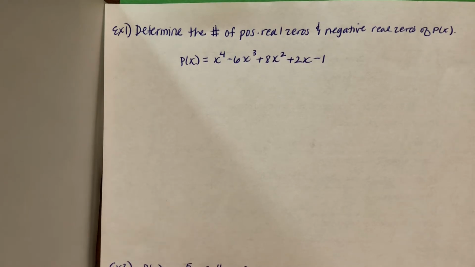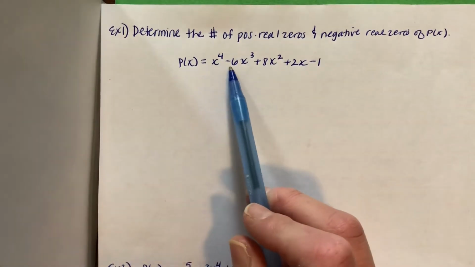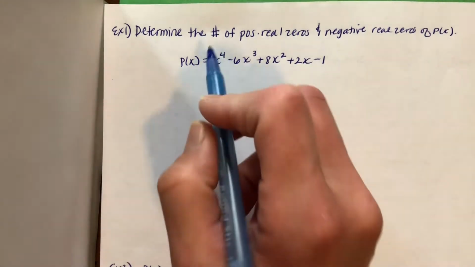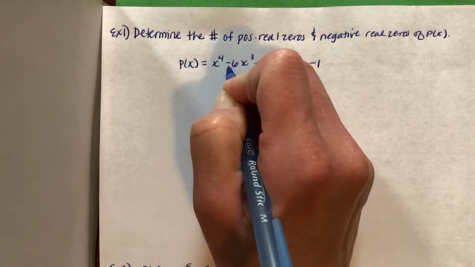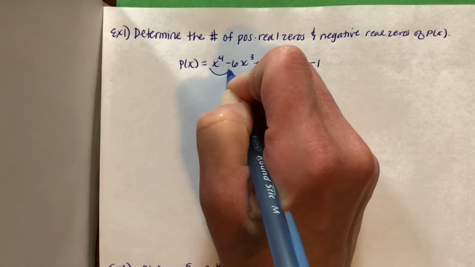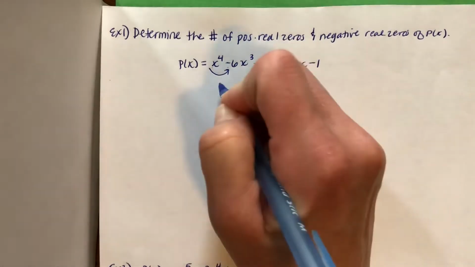So to determine the number of positive real zeros, as we had said on the other page a second ago, you're going to look at the number of sign changes from each term in the polynomial. So you see how this coefficient is positive and then it goes to a -6? That would account for one sign change.